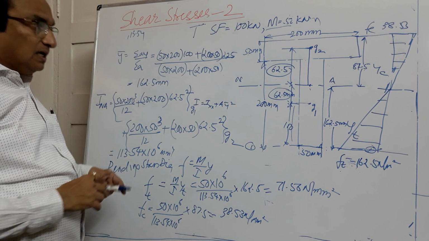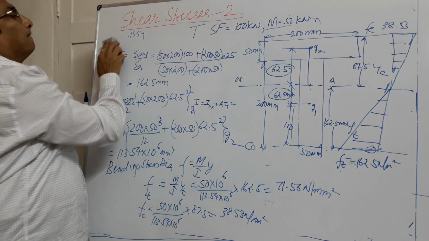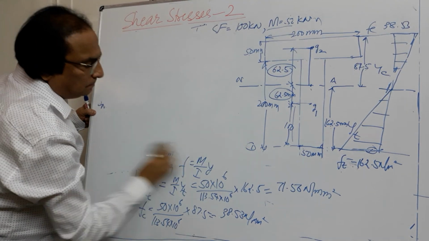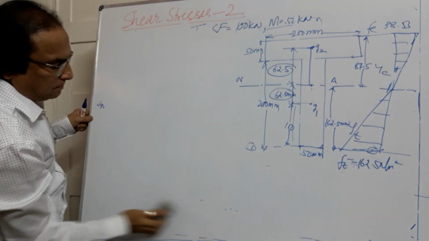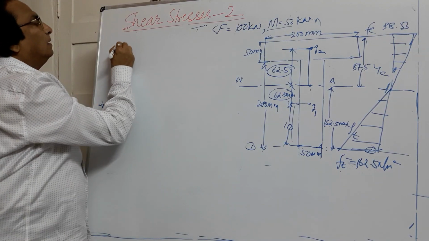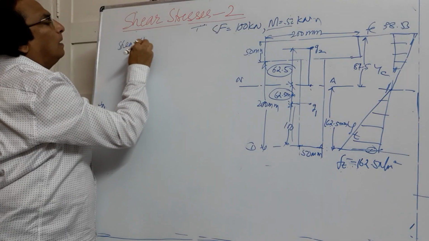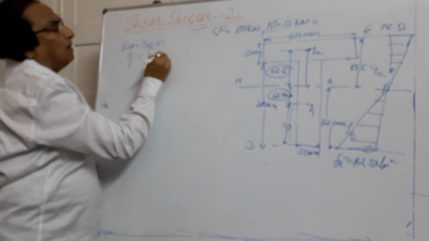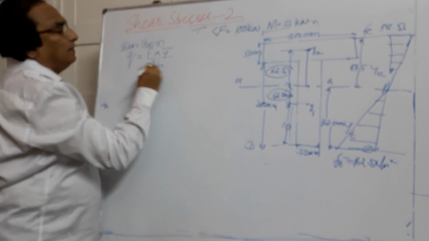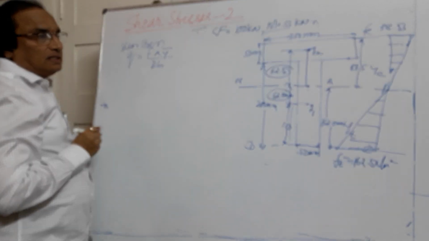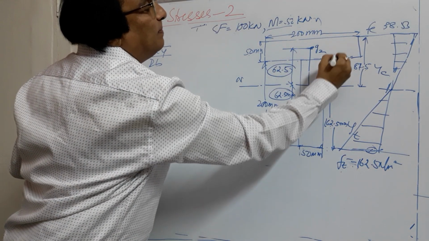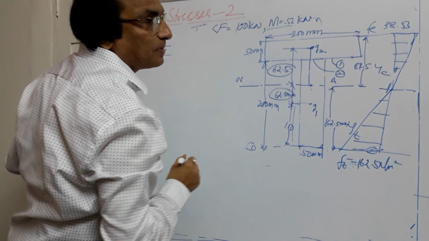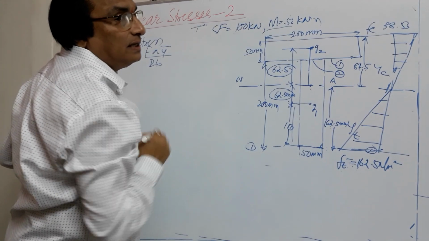Now we will go for drawing the shear stress diagram. We know the shear stress at any level is given by F A y bar divided by I B. Here we have the web flange level as 1, the web level as 2, and next the neutral axis.